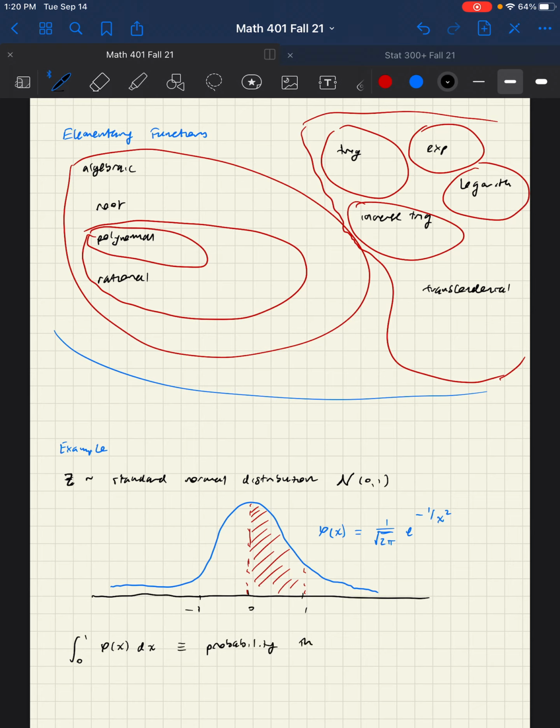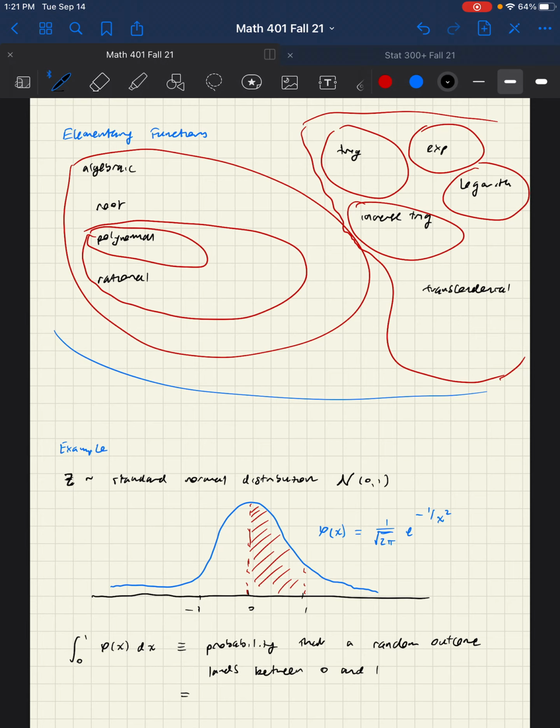So by definition, that's the probability that a random outcome from this distribution lands between 0 and 1. Think of it like on a dartboard, right? And this cannot be expressed in terms of an elementary function.